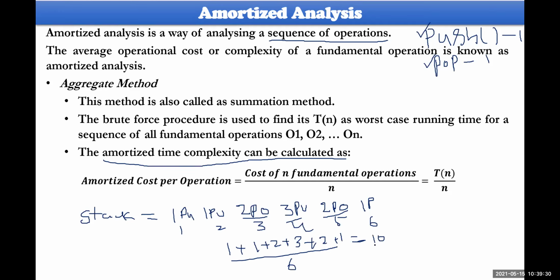10 divided by 6, that will be equal to 1 point, how much is it? 1.6 something like that. 666 something, 1.67. Cost per one particular operation will be 1.67. So here 1.67, here 1.67, here 2 into 1.67, 3 into 1.67, 2 into 1.67, 1 into 1.67.